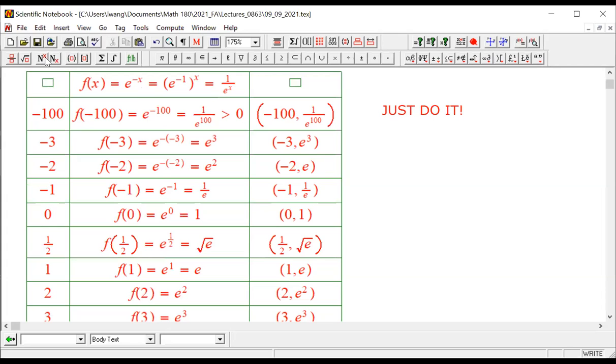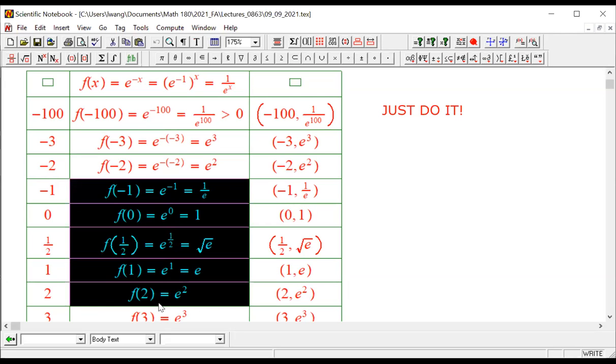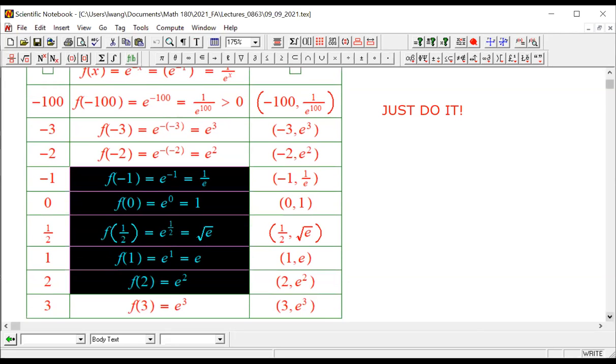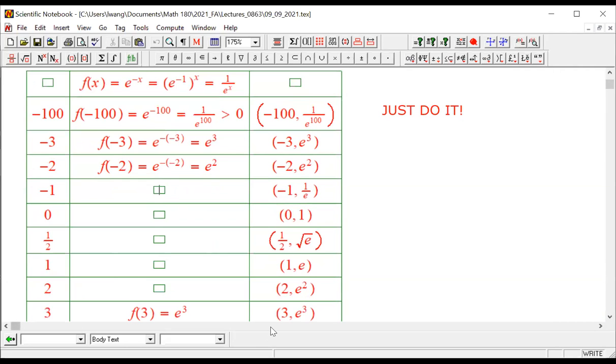Do you guys follow me? Yes. When the input is negative 1, what will happen? So I'm going to do all of these. Okay, hold on. I'm just going to clean up. So this is the new rule.